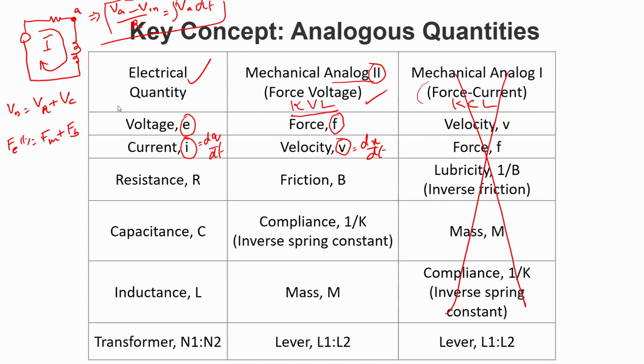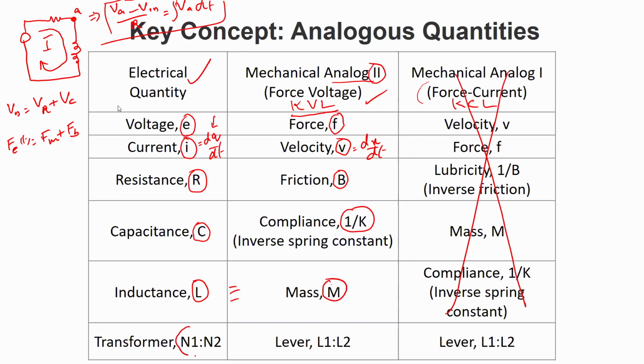The fundamental value in the electrical system is the charge. The current depends on that one. Resistance is identically equal to the friction. Capacitance is inversely proportional to the spring constant, 1 over k.